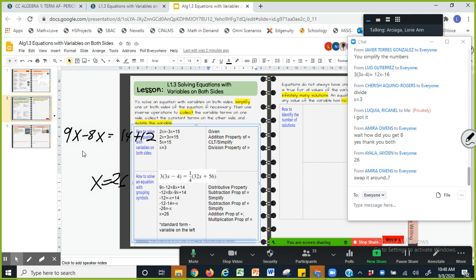Is that how you got it, Louise? Okay, so I'm assuming that's how you got it when you said it's straight positive, right, Louise? So the way I got it is when you said your answer was positive right away, you moved the 8x instead of the 9x. Did I guess right? Yes?